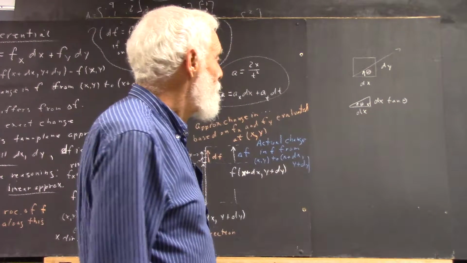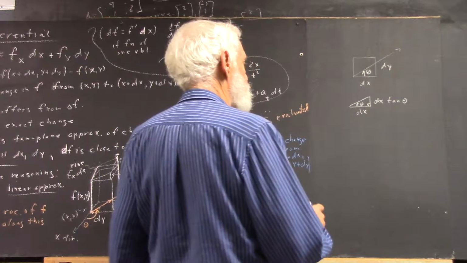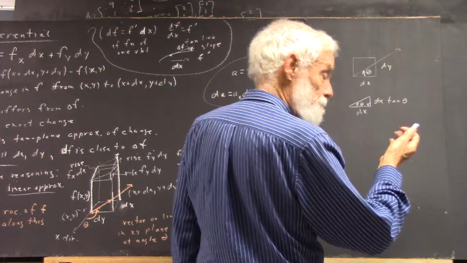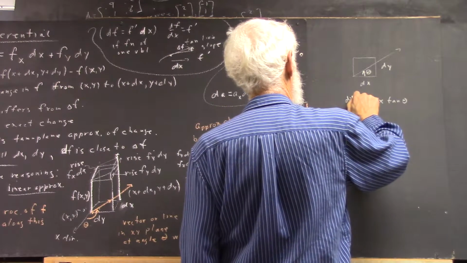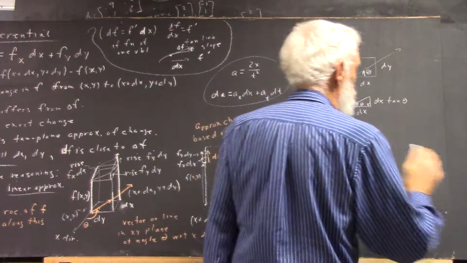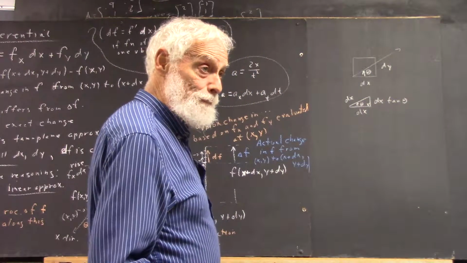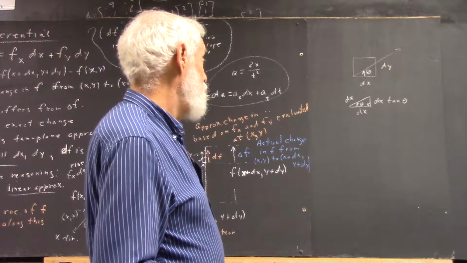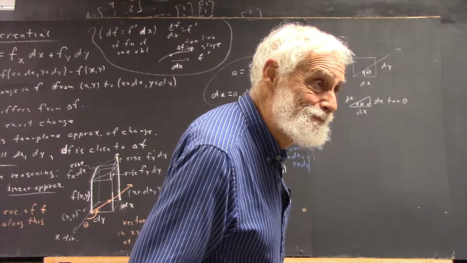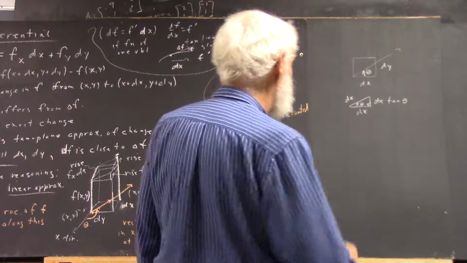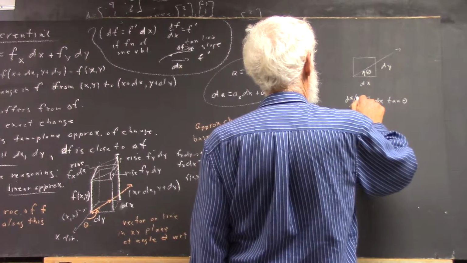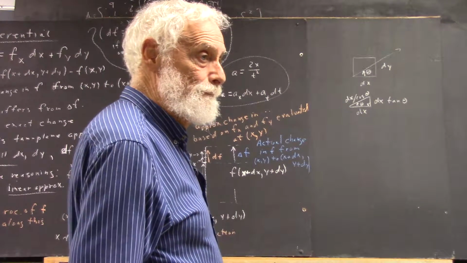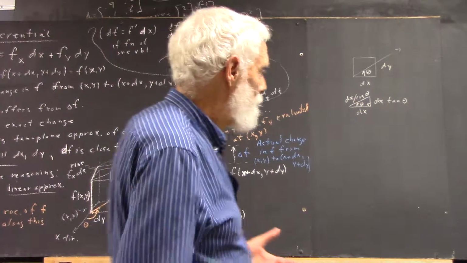Okay? So the hypotenuse is dx times the square root of 1 plus tangent squared theta, which is secant squared theta, which is dx over cosine theta. Okay? And you can check that out.